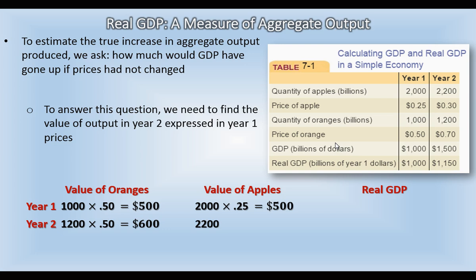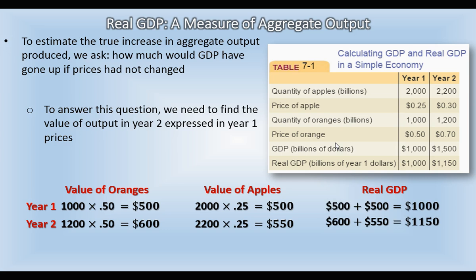The value of apples in the second year is going to be equal to the amount produced, 2,200, times the price from the first year, which is 25 cents again, which then gives us a value of $550. And so therefore GDP, the second year, in year 1 prices, is going to be equal to $1,150.